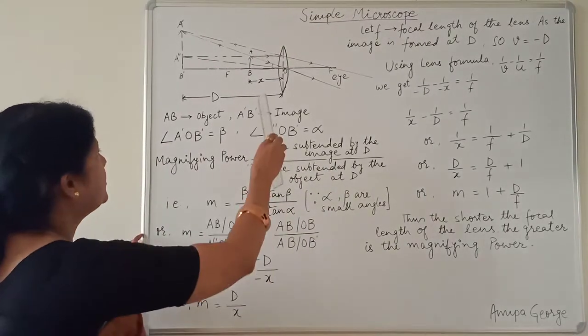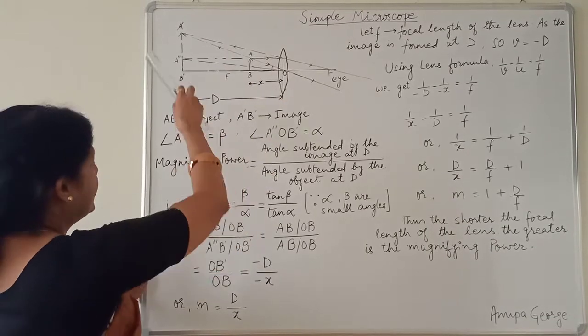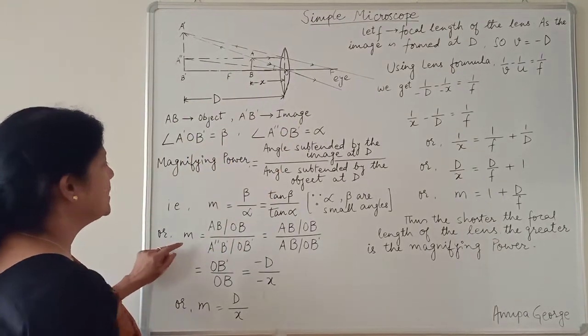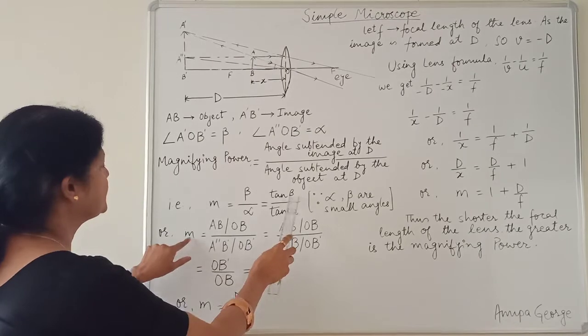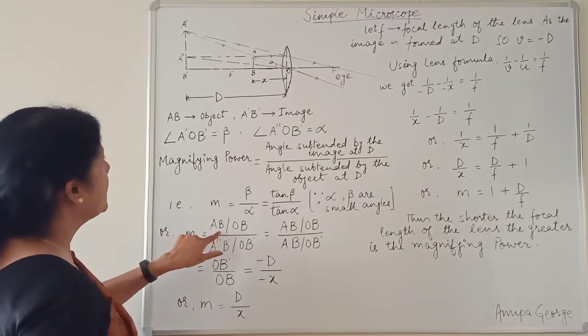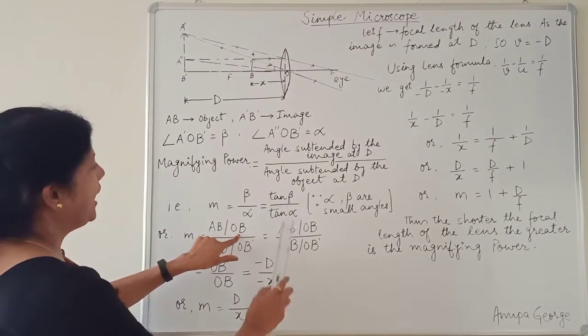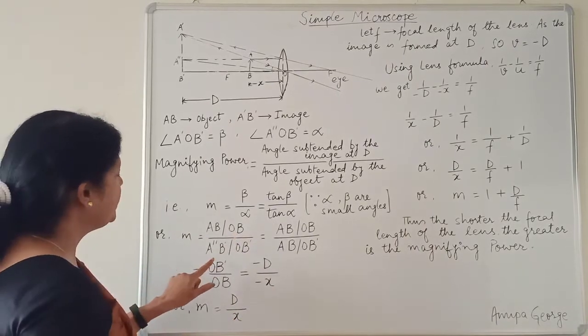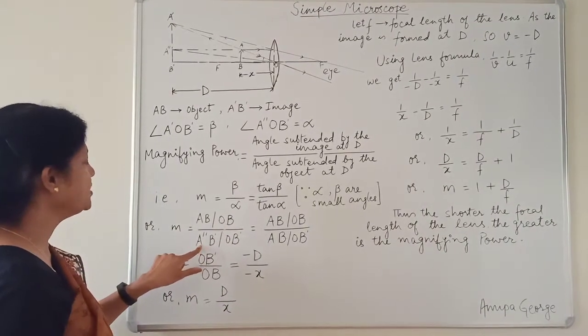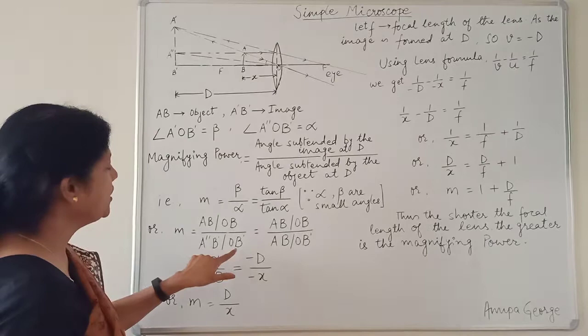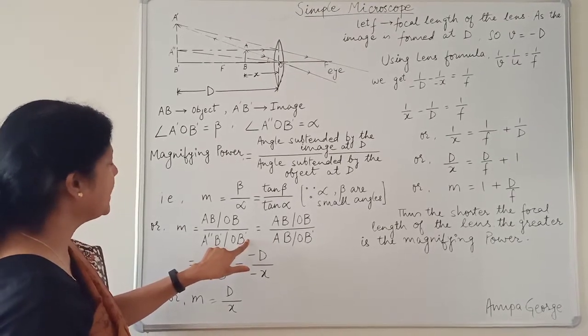Now from this ray diagram, we can write tan beta is equal to AB upon OB, and for tan alpha we can write A double dash B dash upon OB dash.